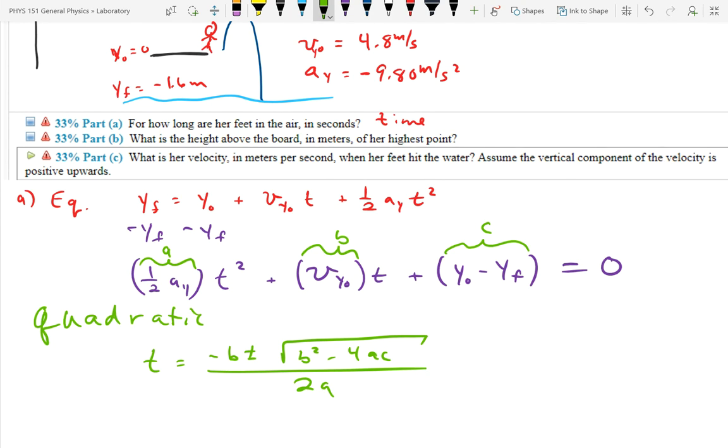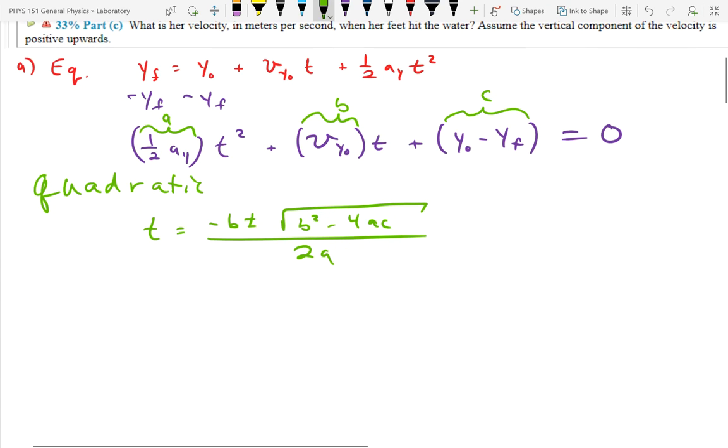That's the quadratic equation. It's the equation we have to use. It's going to give us two answers. We'll have two possible times, and we'll have to judge which one makes sense to us.